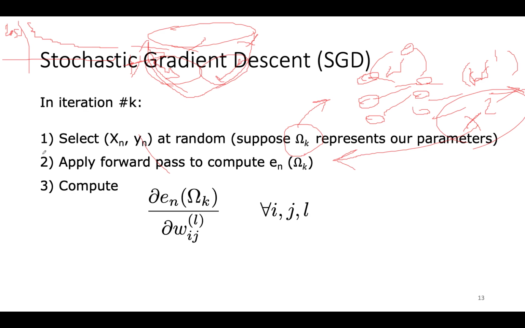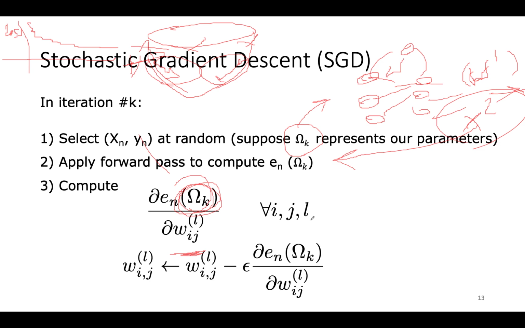So the gradients would be, you have to compute the partial derivative of En at omega k, which covers all the weights in our model, with respect to all the w's. So these are the parameters that we have to treat, for all the i, j, and l, okay? For all the nodes, edges, and all those layers.